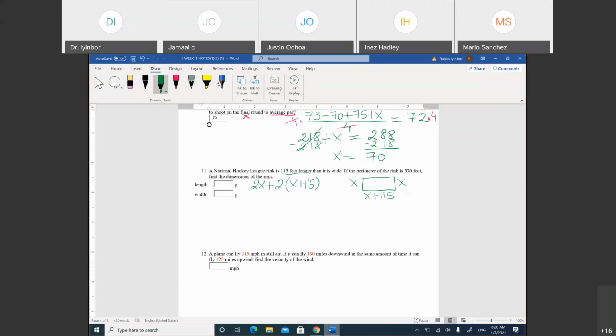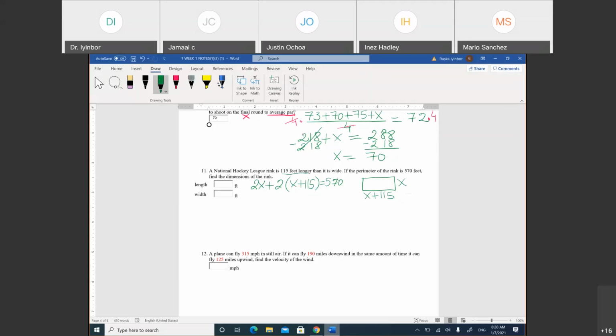So this is how the perimeter looks, and this should be 570 because the perimeter is given. From here, we just have to solve this equation. The information given for the perimeter helps us set up the equation, and then you're going to solve it.